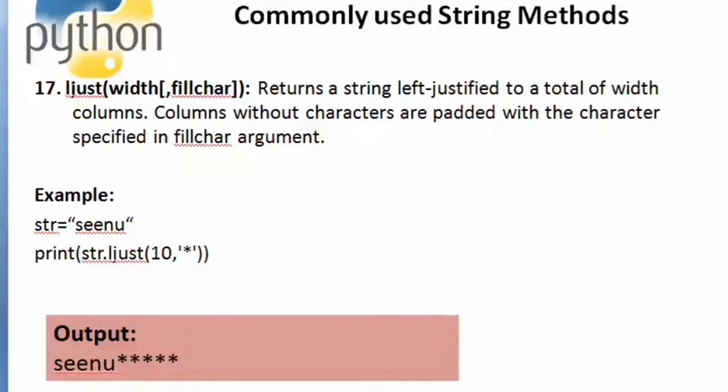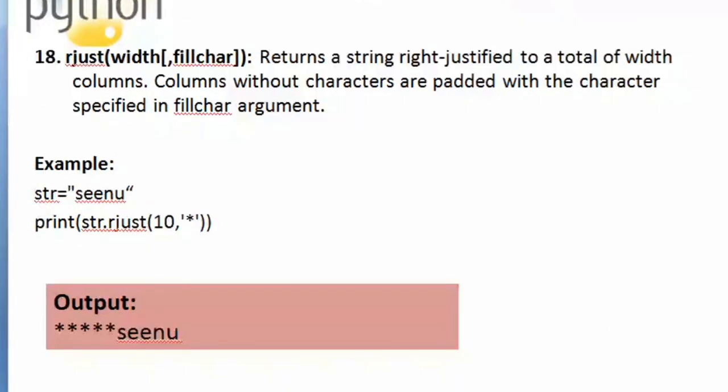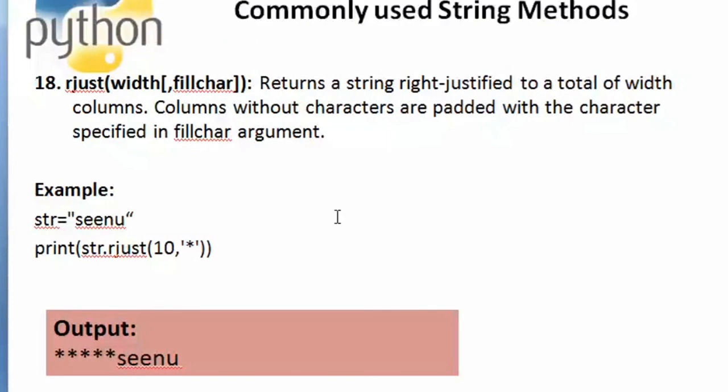Rjust is the vice versa of ljust. Ljust is left justification, rjust is right justification. For how many characters? For 10 characters, because you have mentioned 10 over here. For 10 characters, you want the string to justify to the right, and you want the left-out columns without characters to be padded with this particular fill char.